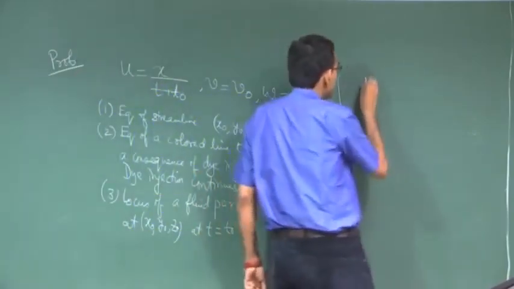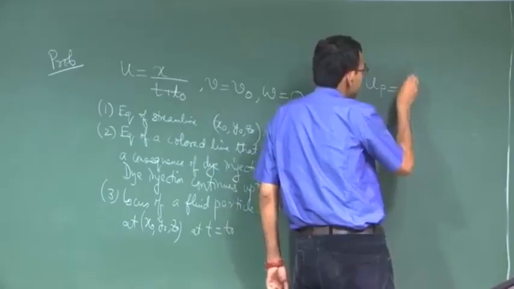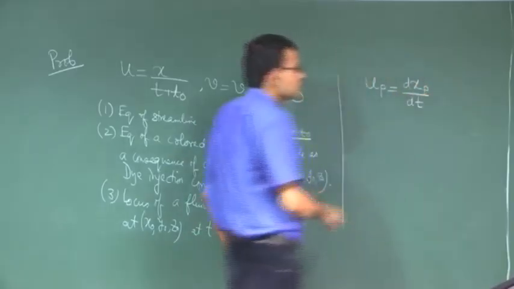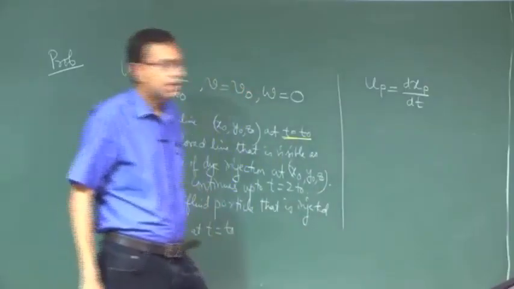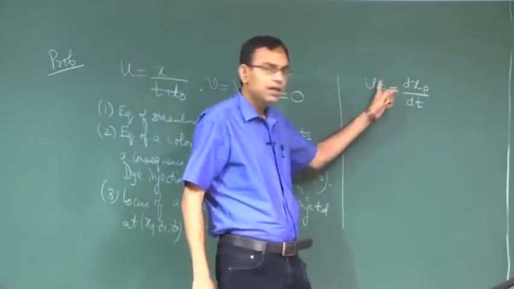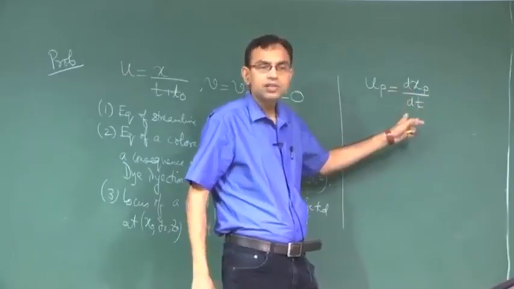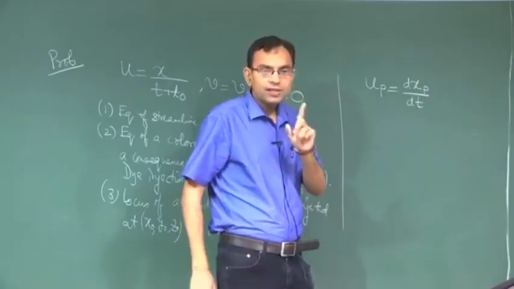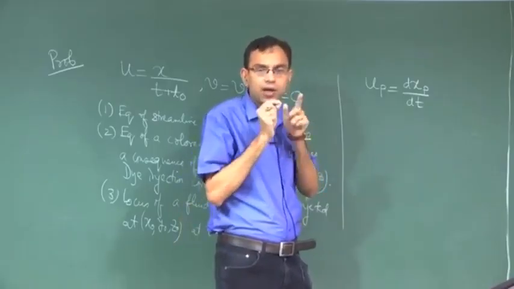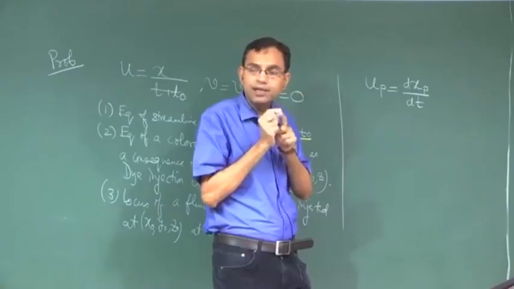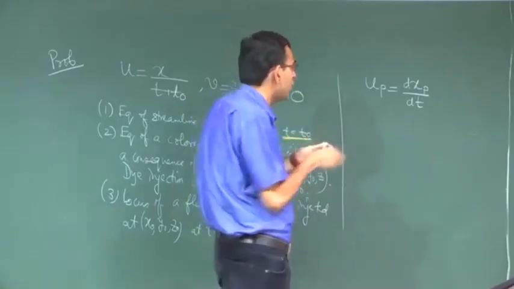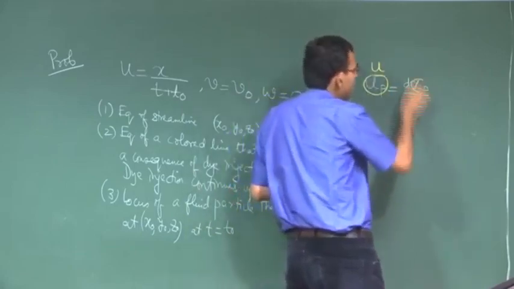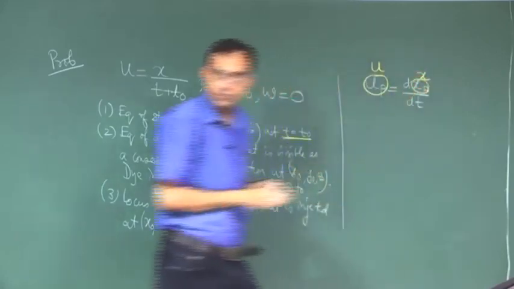So when you write the velocity of the particle, this is the relationship between the velocity of the particle and the rate of change of position, because at a given point the velocity of a fluid particle is the same as the velocity of flow at that point. That is where the Eulerian and Lagrangian descriptions merge: this is u, and normally x of the particle is the same as x.